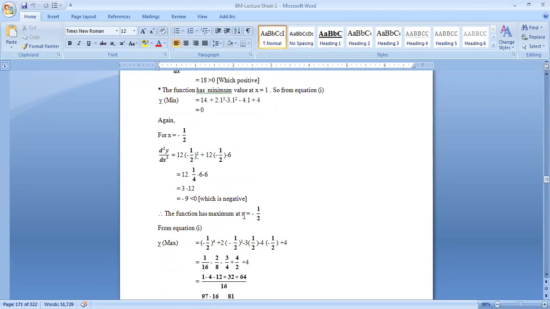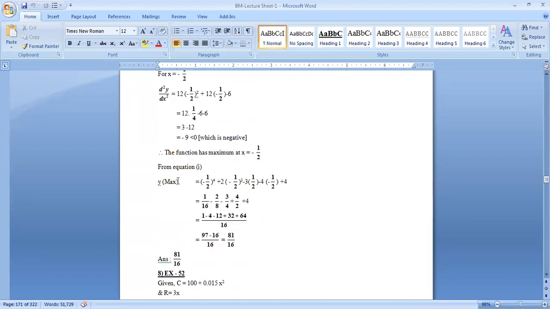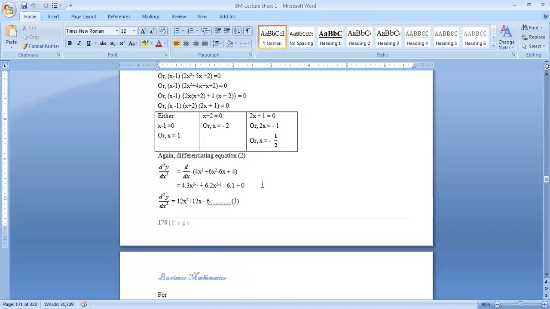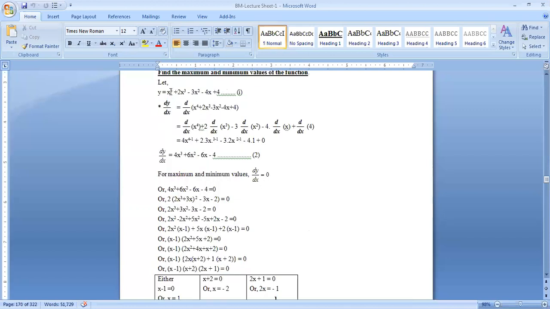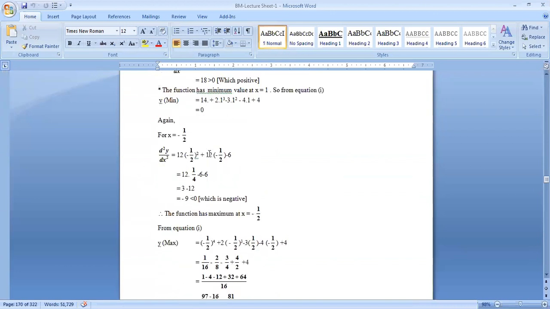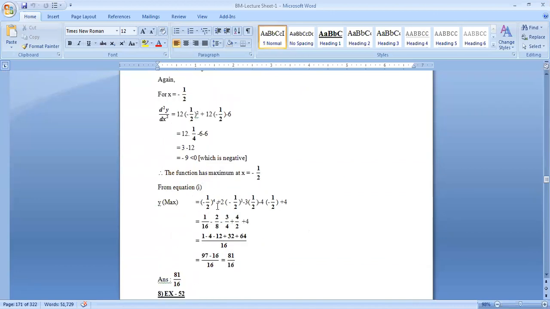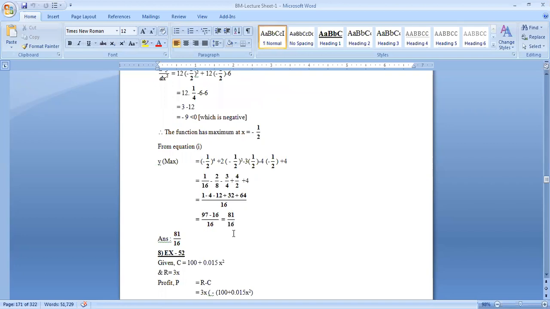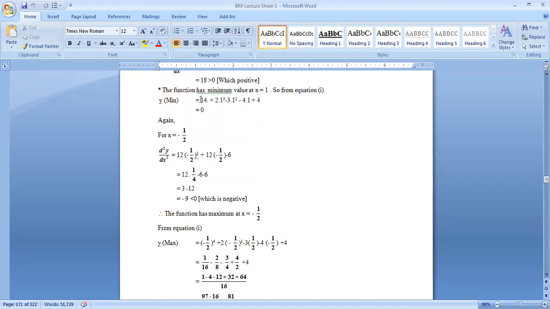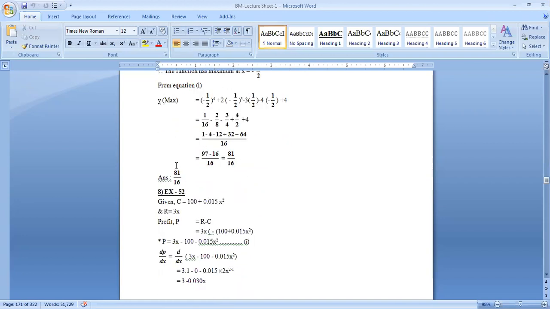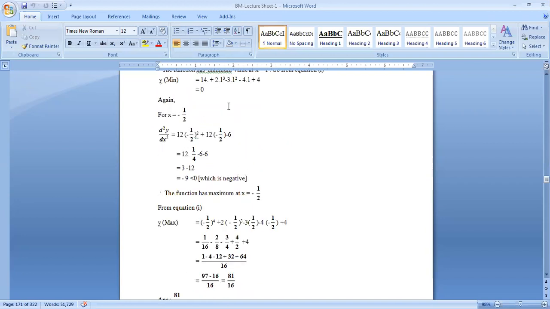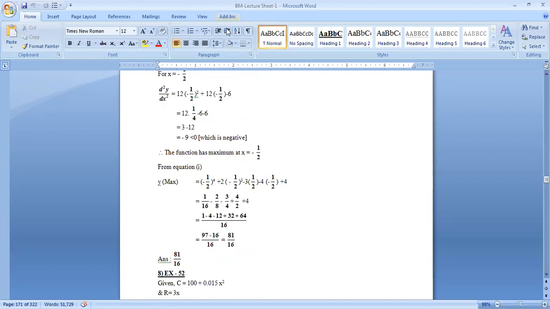Now from equation 1, the given function, putting x equals minus half, we get the maximum value 81 divided by 16. So the minimum value is 0 and the maximum value is 81 by 16. These are the required maximum and minimum values of the given function.